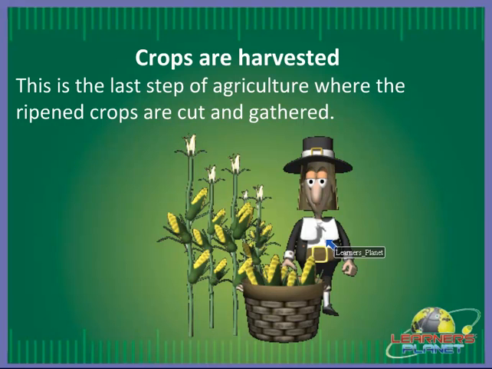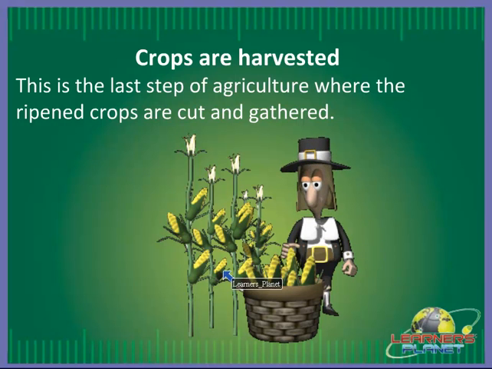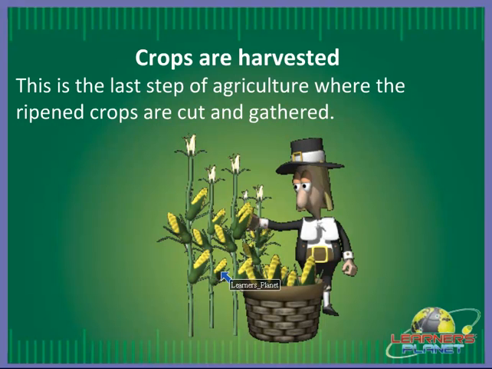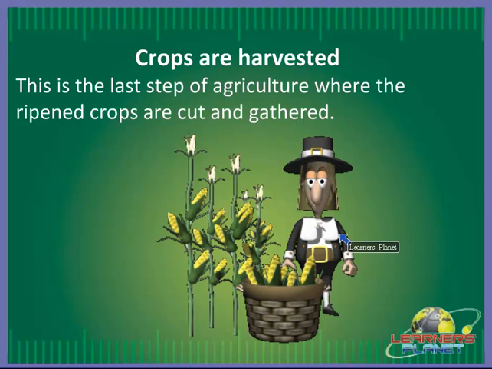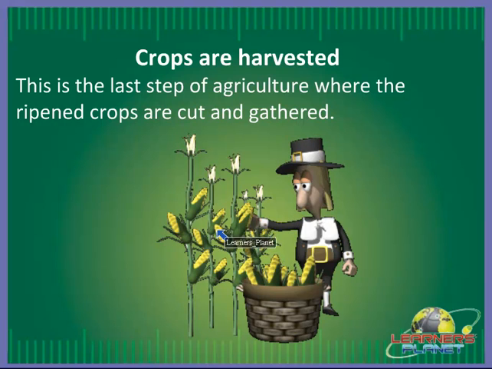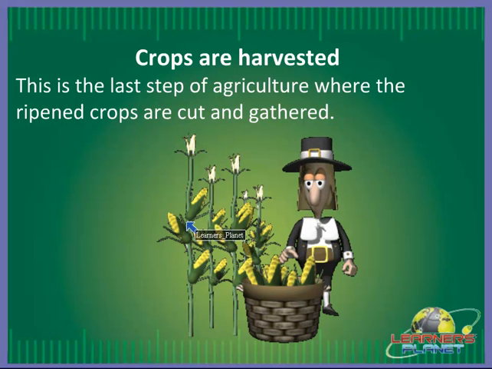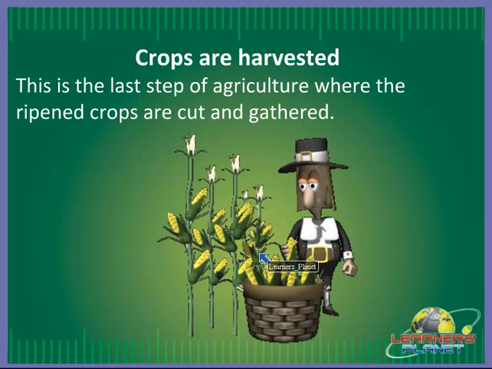You can see in this picture, this is an example of a maize plant or a corn plant. This is a farmer who is collecting. First it has been cut and then it is gathered. So always remember that ripened crops are cut and gathered, not the raw crops.